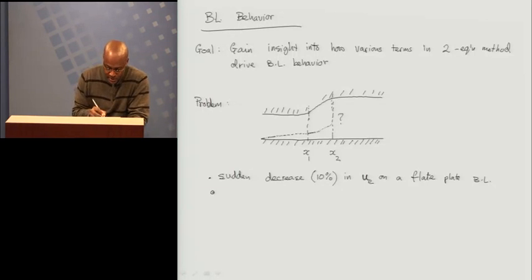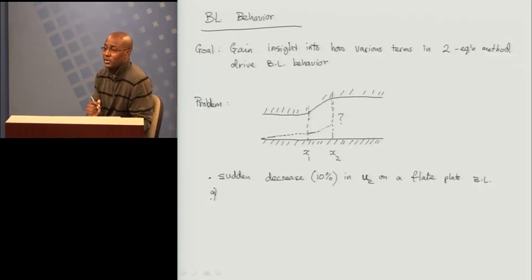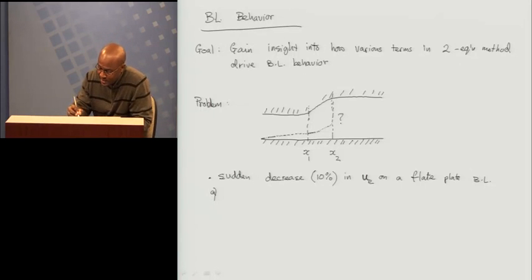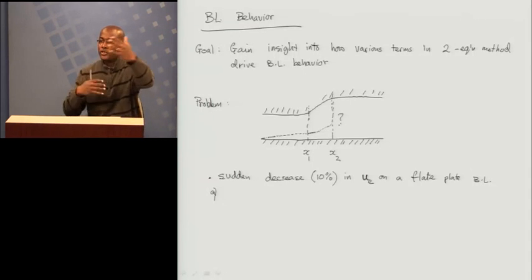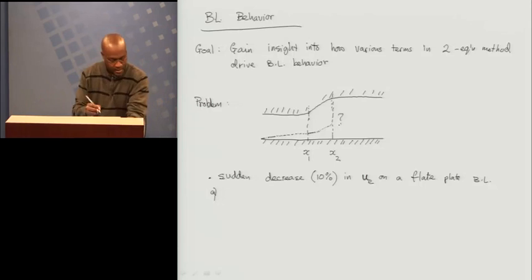Okay, so the two things we're going to look at is, will this flow separate or not? So is the flow going to detach and are we going to have some recirculation or not? And how much would our boundary layer thickness increase? Those are the two things we're going to look at. So, will boundary layers separate?